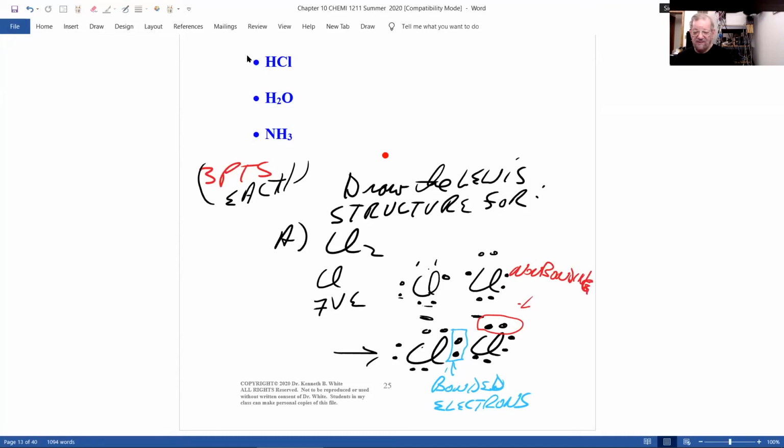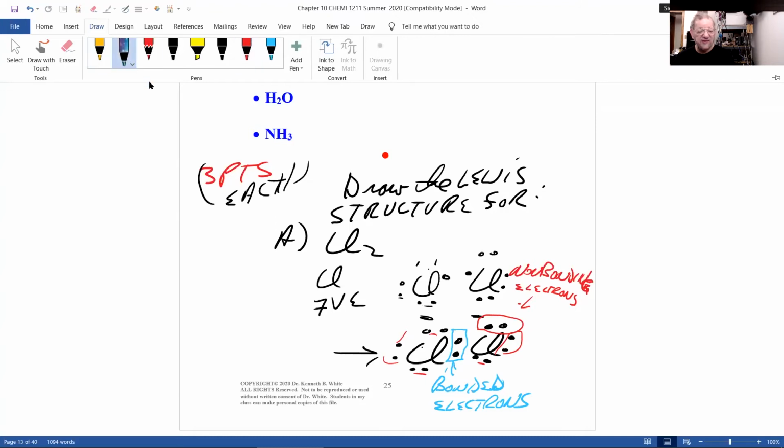Ran out of room there. Those are non-bonding, and there are more here, more here. Any pair that's not involved in the bond.